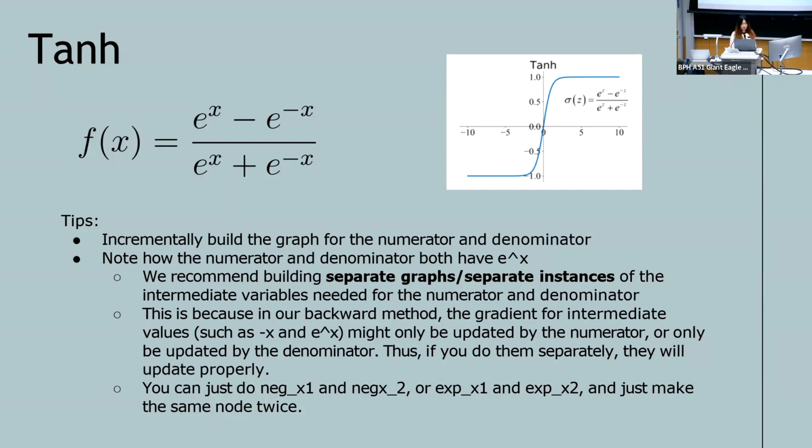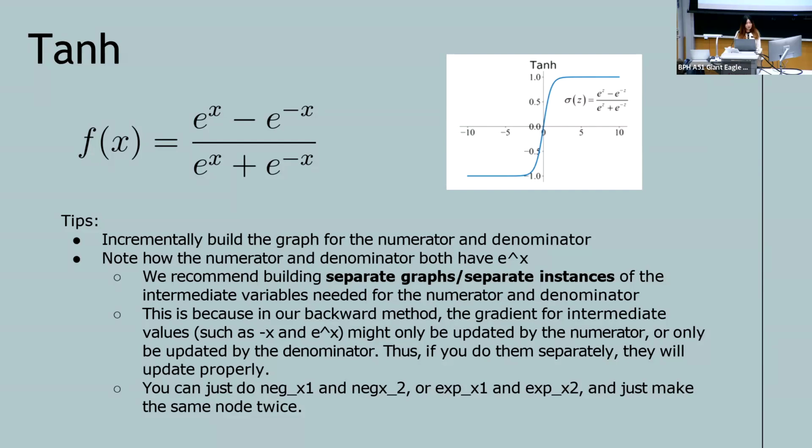But we don't want to initialize only one node for e to the power of x and use it in both the numerator and denominator. This is because when we use the same node, it might cause an issue during backpropagation.